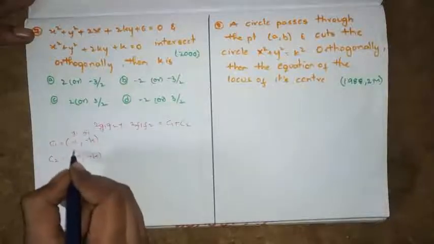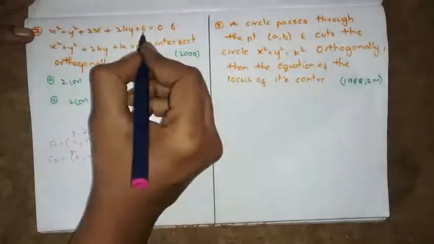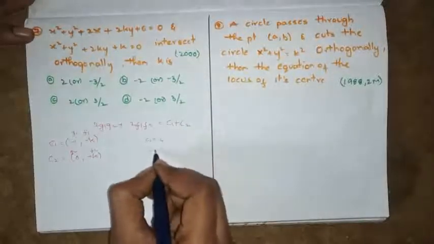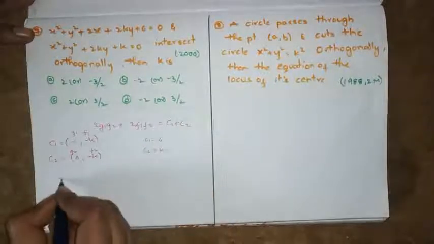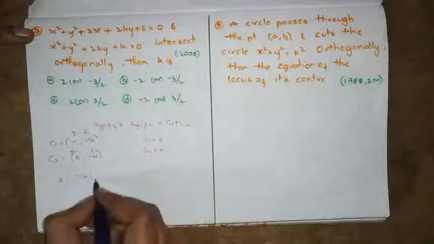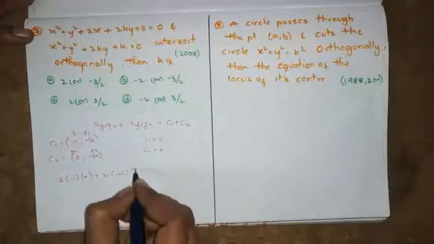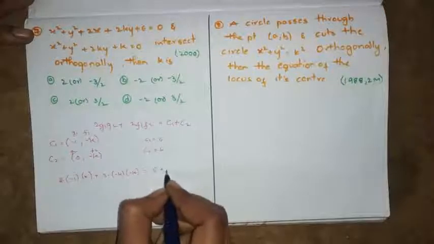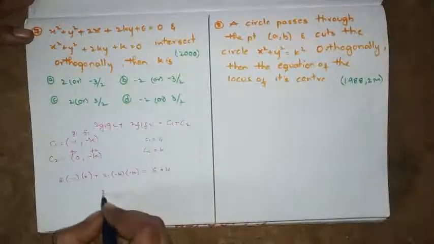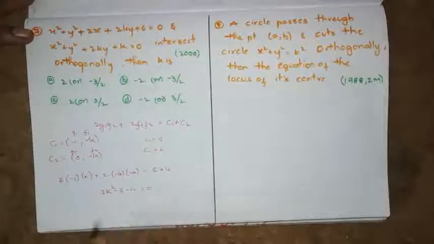This is g2 and this is f2. The constants are c1 equal to 6 and c2 equal to k. So 2 into minus 1 into 0, applying this condition, plus 2 into minus k into minus k is equal to c1 plus c2. It will become 2k square minus 6 minus k is equal to 0.